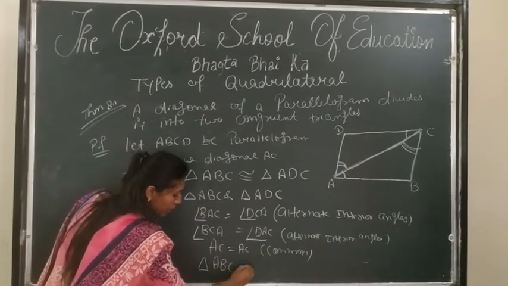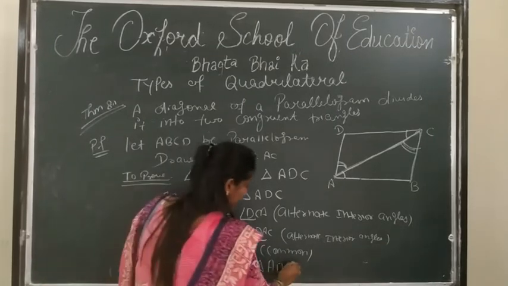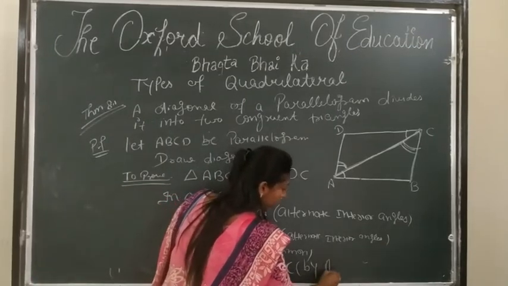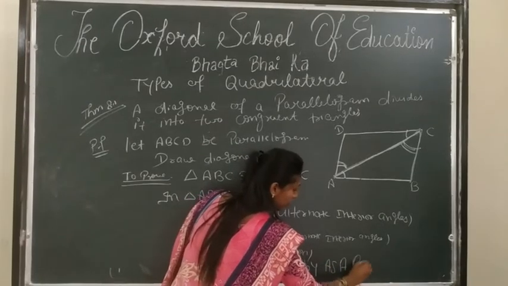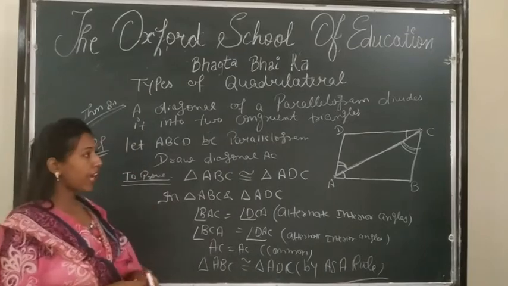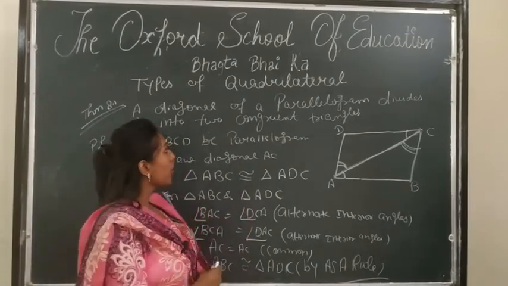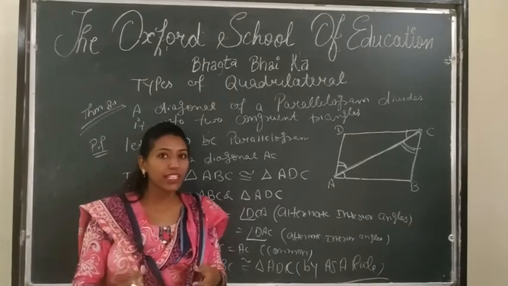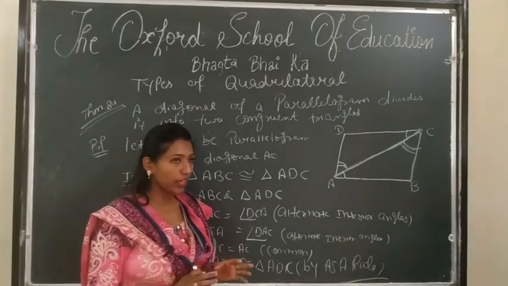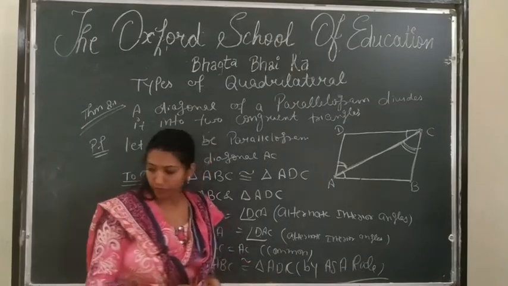Triangle ABC is congruent to triangle ADC by the ASA rule. So that is all we have to prove. Now remember this result, that a diagonal of a parallelogram divides it into two triangles, and that these two triangles are congruent to each other.